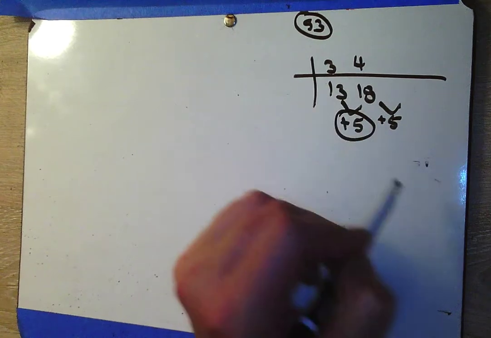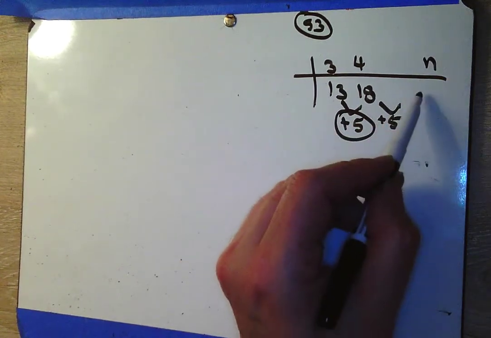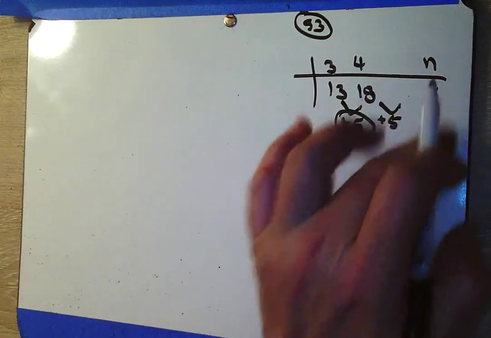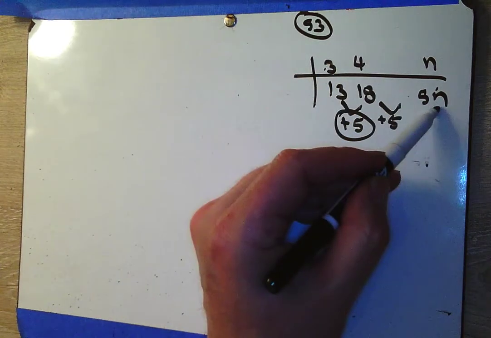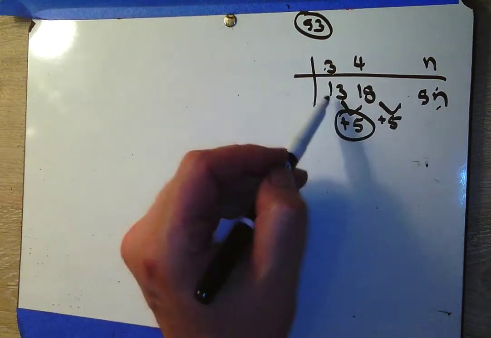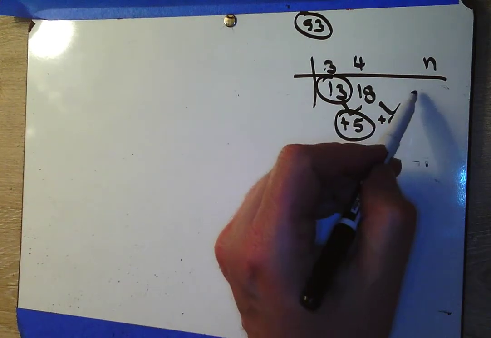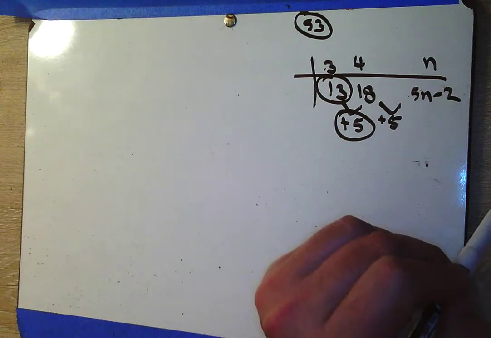So what am I supposed to do with that common difference, that amount that I went up with? Well, I'm supposed to multiply the variable by that amount. Now, if I plug in a 3 here, 3 times 5 is 15, but I need 13. So I have to add or subtract to make that work. 5n minus 2.